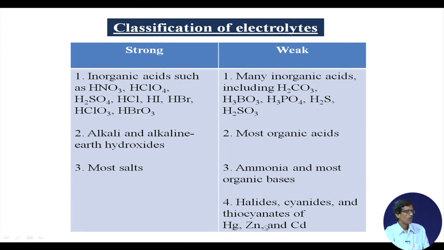This is when we talk about something which is not so ionic in nature, that means the 3d, 4d and 5d 12 series, which is zinc, cadmium and mercury, and their corresponding salts, the halides, that means zinc chloride, cadmium chloride and mercury chloride, mercurous as well as mercuric. They are cyanides and thiocyanates.